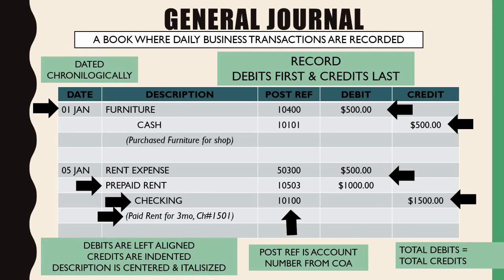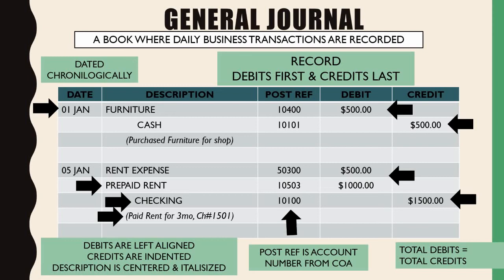But if you're handwriting these transactions, unfortunately, there are specific criteria that you have to follow. You cannot cross out, delete, or anything. Just like what we learned in QuickBooks, you can't delete transactions because it will cause discrepancies in your accounting. But in this case, debits come first, credits come last, okay?